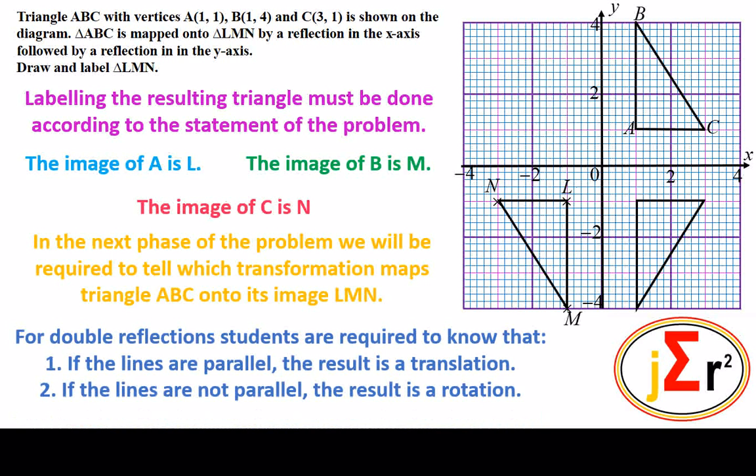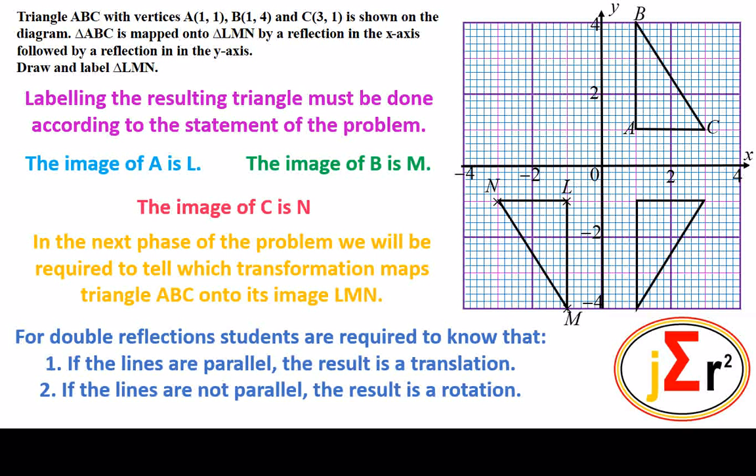Now, what we did for the triangle ABC is that we reflected it twice. And by reflecting it twice, the mirror lines were not parallel. If the mirror lines were parallel, then that would result in a translation. The mirror lines are not parallel. It means that the transformation will be a rotation.